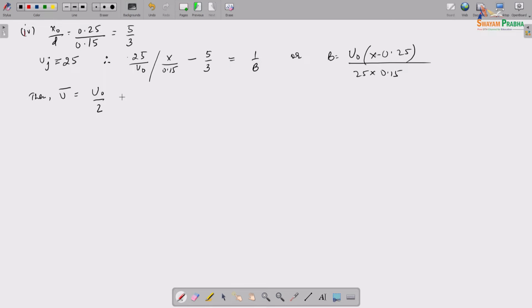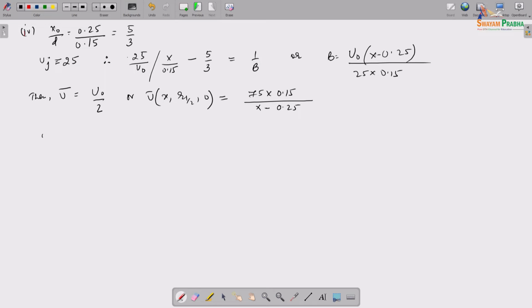So that is, or u mean, so x r half is equal to... okay, right.